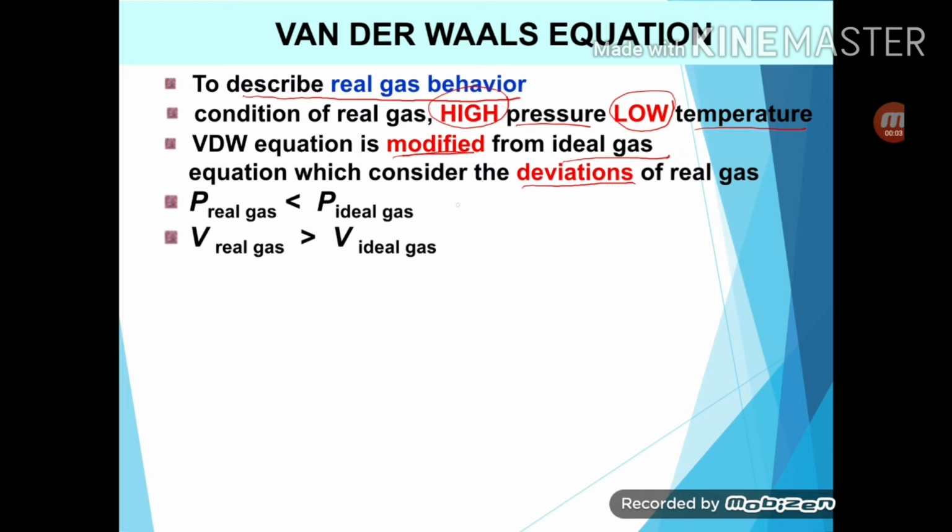But why is the pressure of real gas less than the pressure of ideal gas and the volume of the real gas more than the volume of ideal gas? So, in the next slide, we will discuss why this happens.